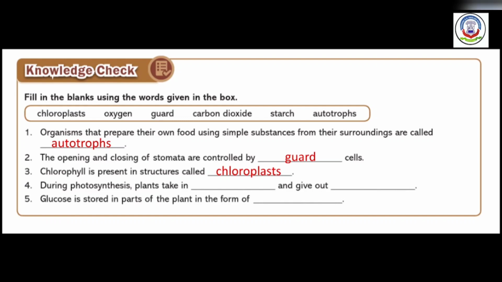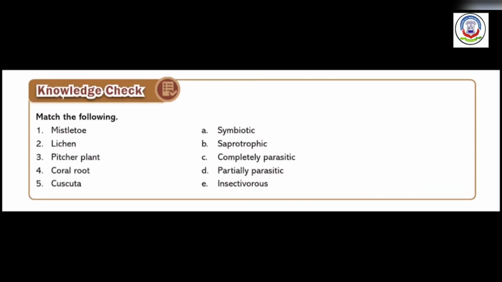During photosynthesis, plants take in dash and give out dash. Take in carbon dioxide and give out oxygen. Number 5. Glucose is stored in parts of the plant in the form of dash. Answer is starch.